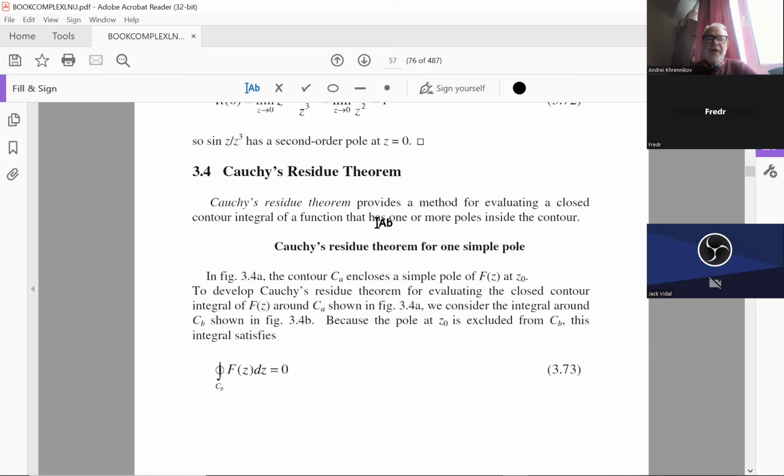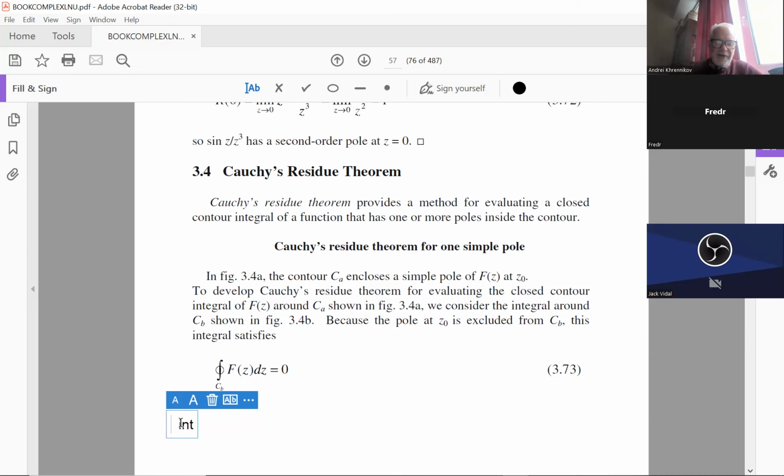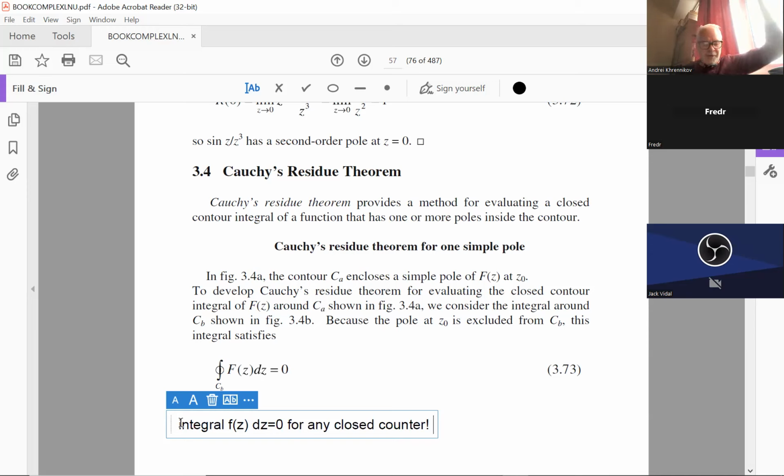Here is a good place to make the following remark related to the previous part. We proved that the integral of f(z) dz of an analytic function is equal to 0 for any closed contour. Good. Now, I had this course maybe 30 or 40 years ago for engineers in Moscow.